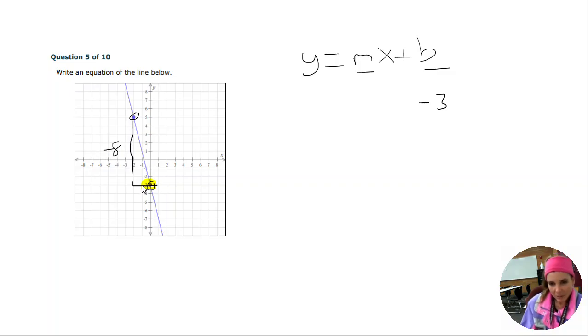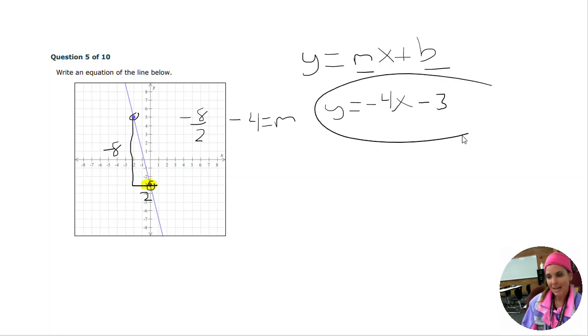And then from -2 to 0, that is to the right 2. So my slope is -8 over 2, which is -4. Okay, so now I can fill in -4 for the m, and now I have an equation.